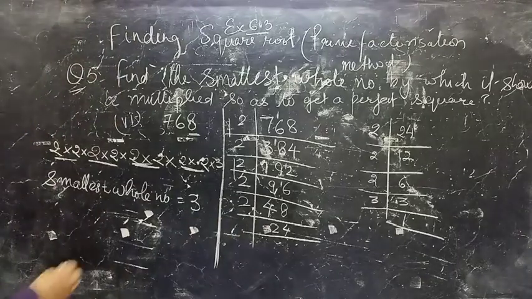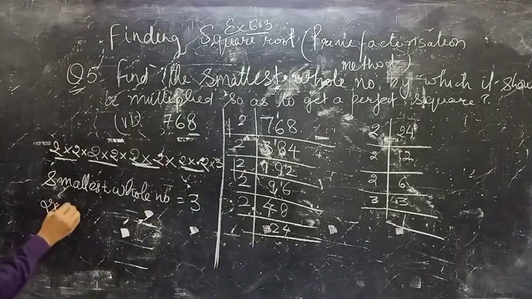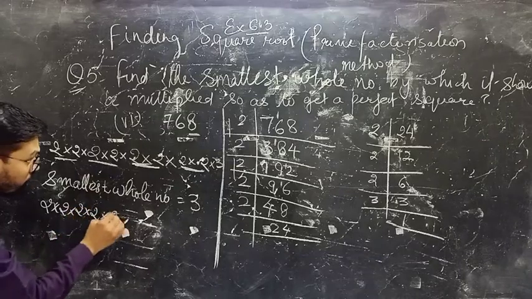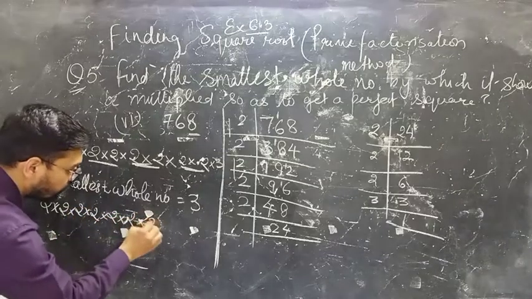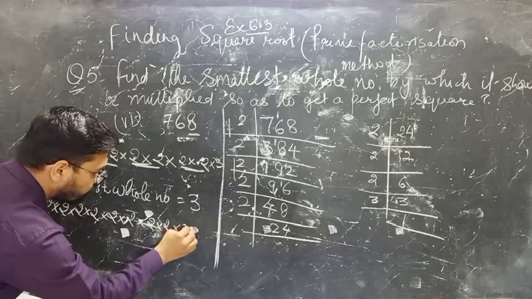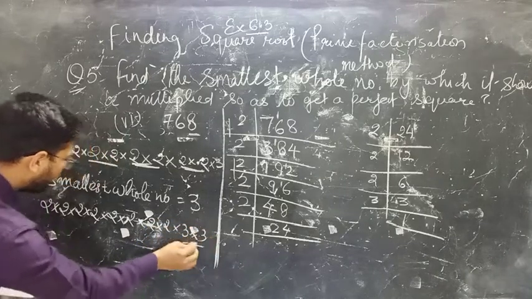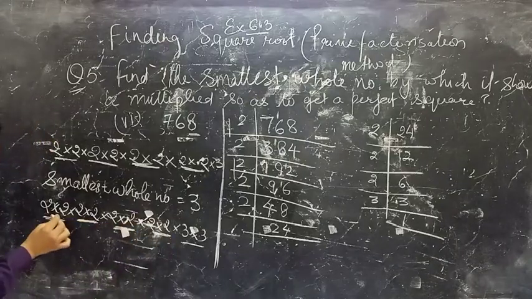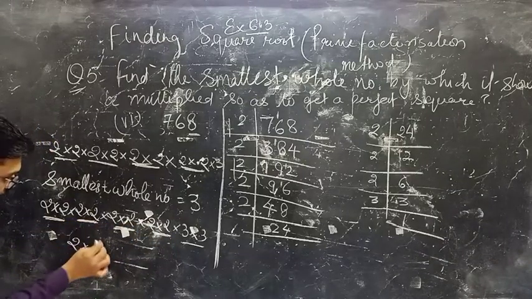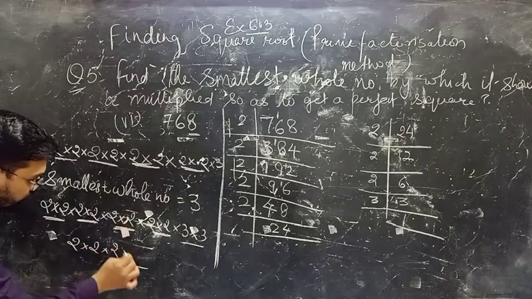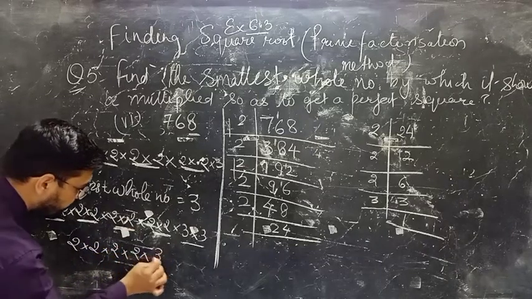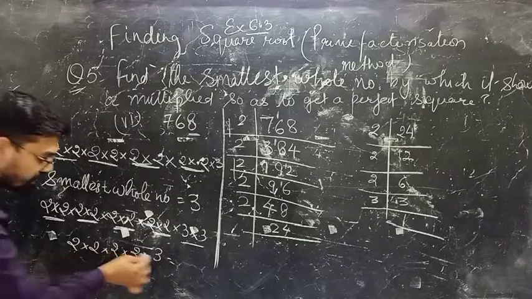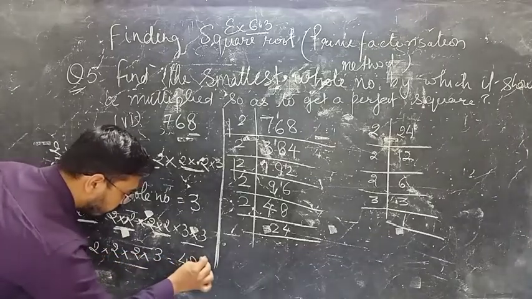Square of what will it become? Look, 2 into 2, 2 into 2, 2 into 2, 2 into 2 and 3 into 3. Now see, the square is formed, a perfect square. So 2 into 2, 2 into 2 into 3. That is 2 2s are 4, 2 2s are 4, 4 4s are 16, 16 3s are 48.